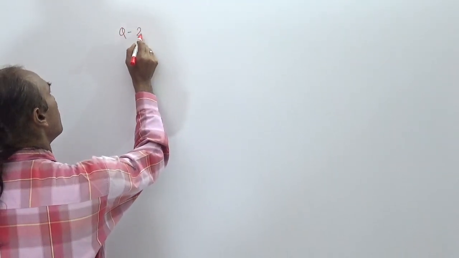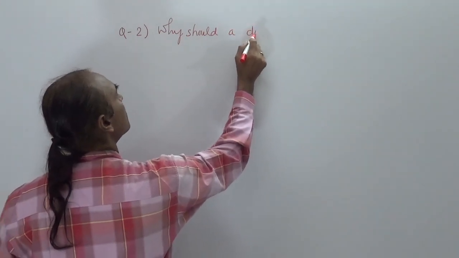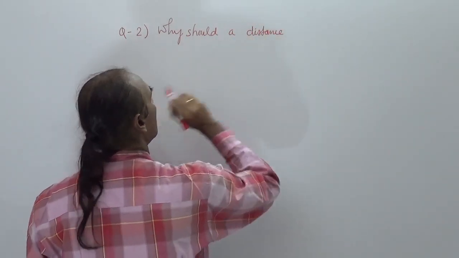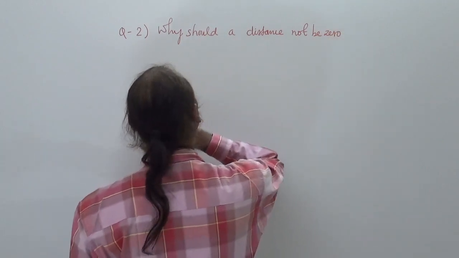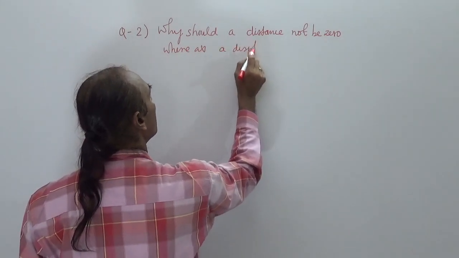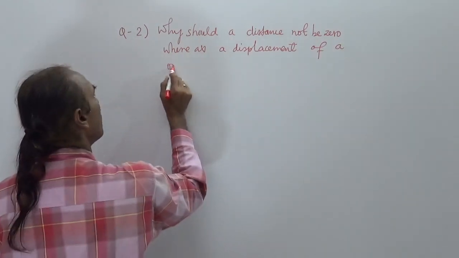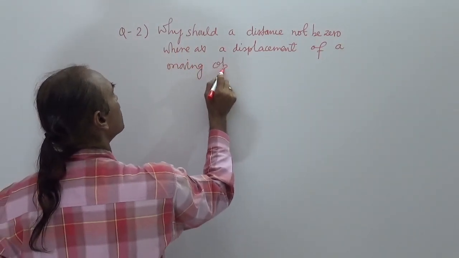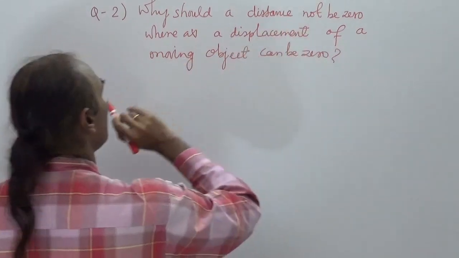Let's talk about the second question. The second question is, why should a distance not be 0 in general, whereas a displacement of a moving object can be 0?